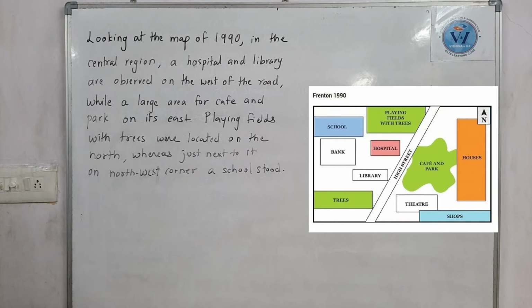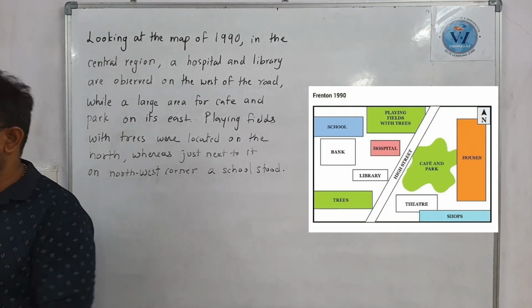Okay, so now what's remaining? Bank and trees. Clear? Now we have picked up this region, so we'll complete it.